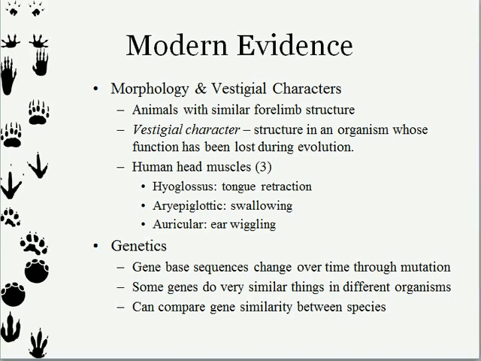And the last thing that your book talks about, and that's in your homework as well, is some of the gene clocks, the genetics that go on. And so the absolute best thing we can look for now, arguably better than just some vestigial characters, are genes. These are blueprints that all living things have.